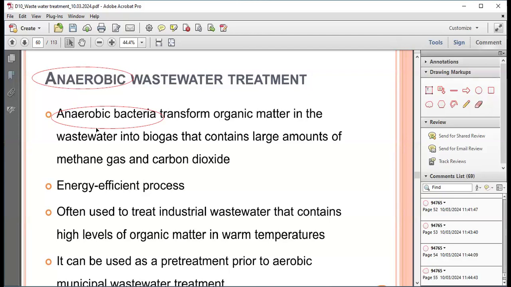So a dead body can decompose by anaerobic bacteria, right? You can understand what I mean by anaerobic and aerobic.